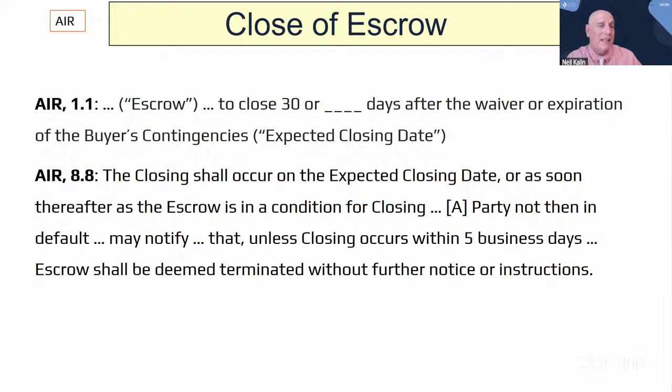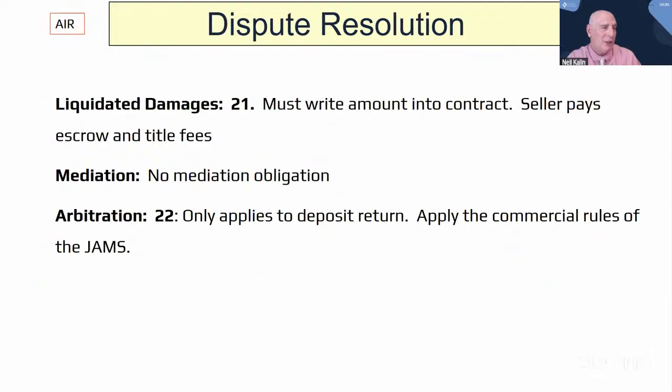Seller, you cannot just cancel if the buyer did not close on the date of the scheduled close of escrow. You first have to give a demand to close escrow, similar to a notice to buyer to perform. And then once that time period has lapsed from the demand to close escrow, then the seller can issue a cancellation if the buyer has still not performed. So that's the difference in approach there. Now you can move on.